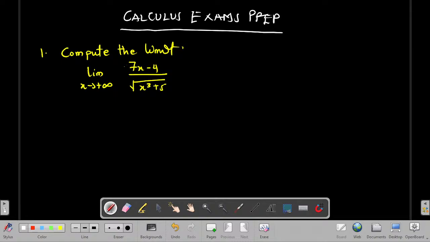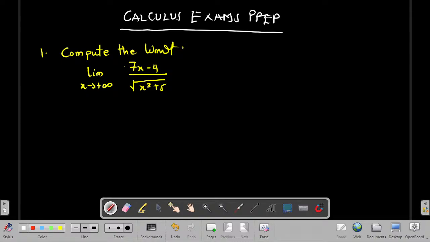To solve this problem, you simply have to analyze the point where you want to find the limit. That is one major important thing to do. Always first check the point: is x approaching a particular number?